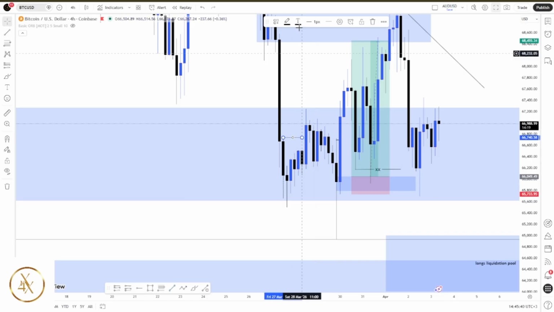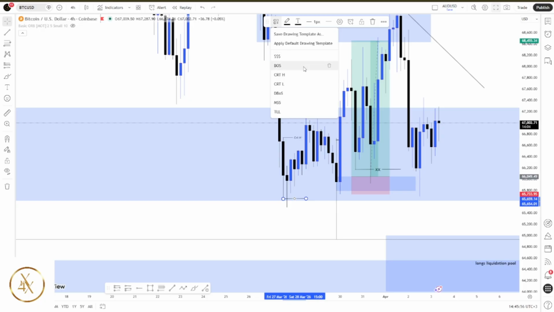So that is the candle range high. And this is the candle range low right here. That's the candle range low. Perfect.